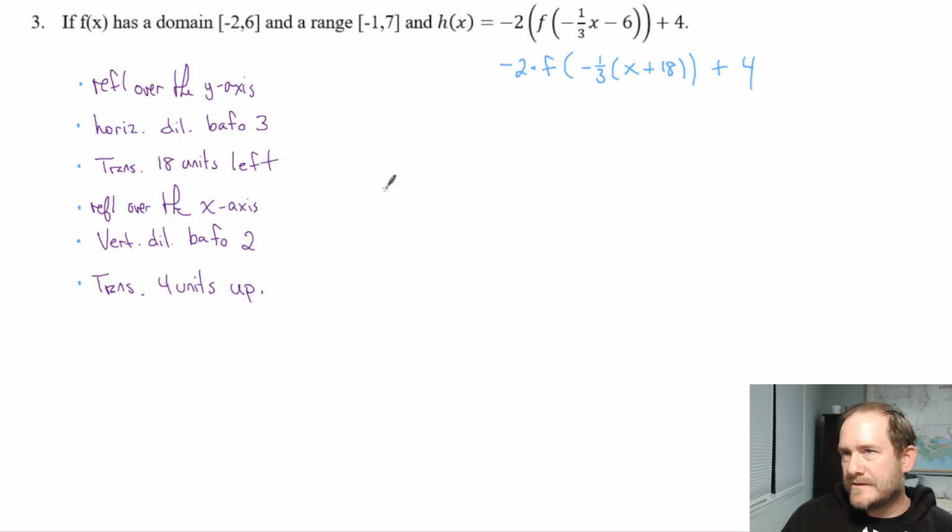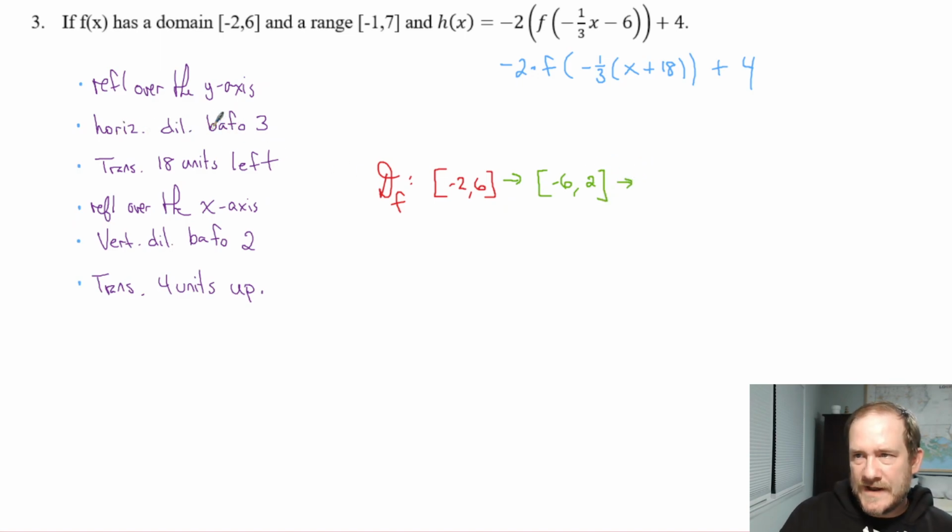If the domain of f is -2 to 6, then again, taking this just kind of one at a time, the reflection means that we now have a minimum at -6 and a maximum at +2.